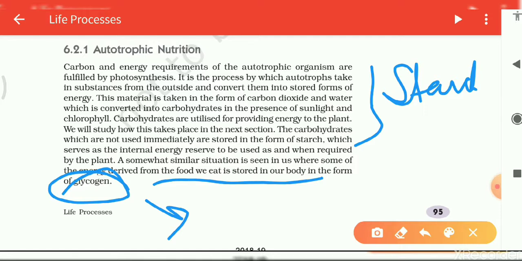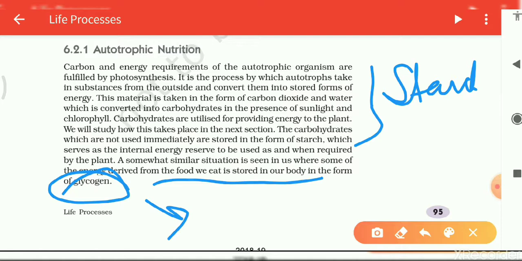In this paragraph, students, it only describes that plants make their food with the help of sunlight, water, and carbon dioxide. That process is called photosynthesis. Plants make carbohydrates, and in carbohydrates, glucose goes inside the fruits, and starch is stored in the plant, which is used in an emergency time.